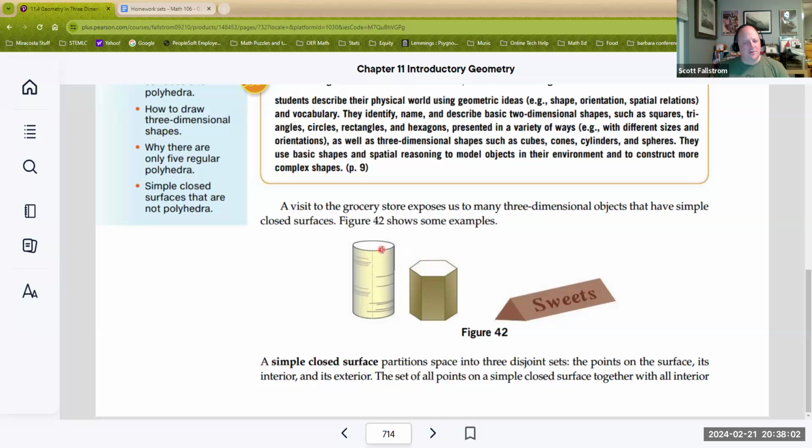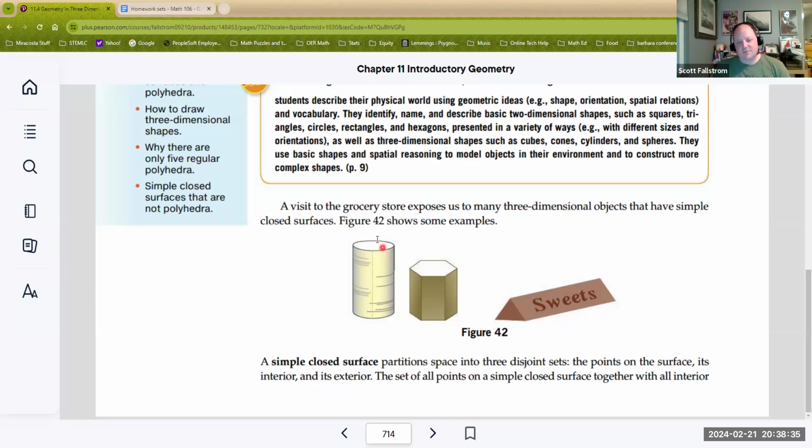And so we're going to use terminology that's very similar to what we did with polygons. A polygon was a simple closed curve made up entirely of line segments. Well, we're going to come up with a definition very similar to this one for what's known as a polyhedra. A polyhedra is a three-dimensional shape that is a simple closed surface made up entirely of polygons. So again, polygons were made up of line segments; these are made up entirely of polygons.